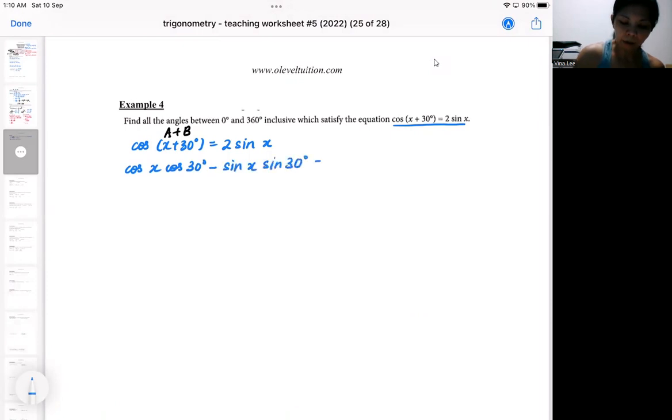This also leads you to the special angle. 30 is a special angle. So this part, you will get root 3 over 2. This will be a half.